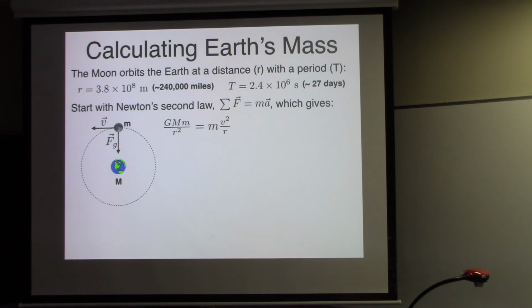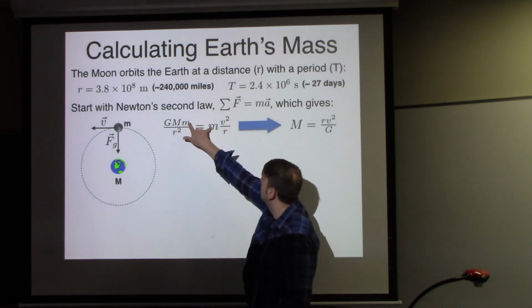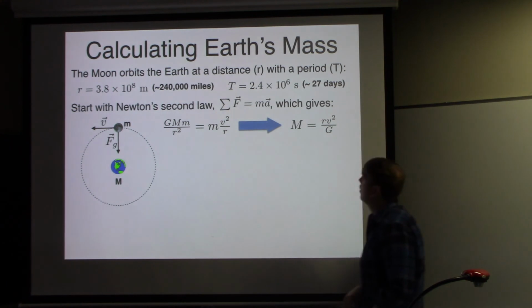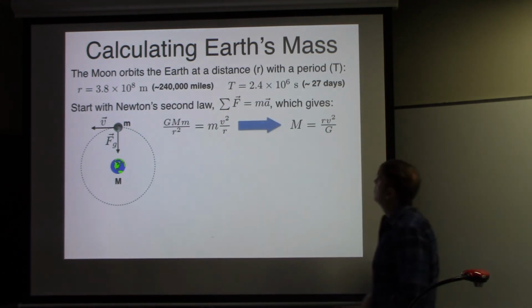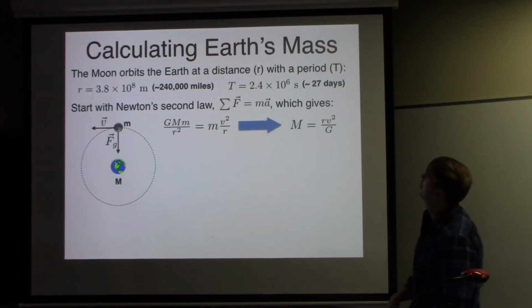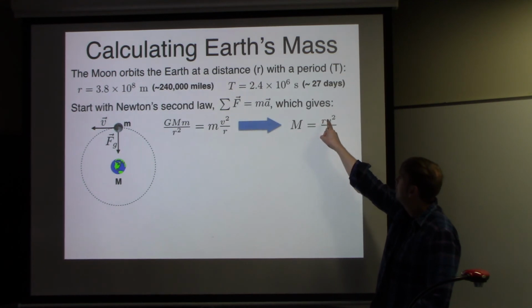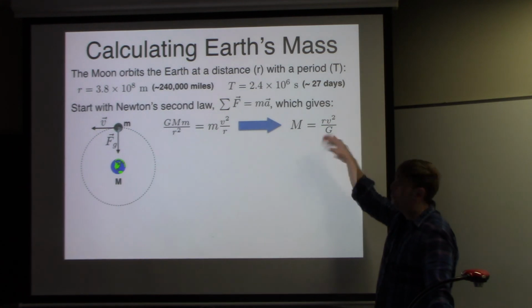Basically the same thing we came up with for a circular orbit, but this time I'm not going to solve for v. Instead, I'm going to solve for big M. We cancel out little m, multiply through on both sides by r squared, which gives just one factor of r on top, and then divide by G. So big M, the mass of the Earth, equals r times v squared divided by G. I know r, and G is just a constant.